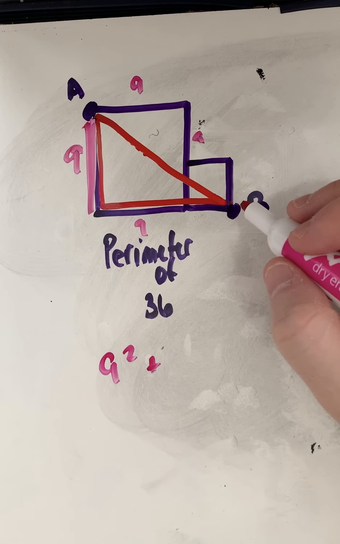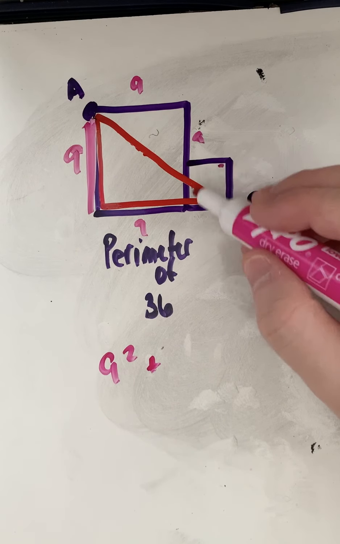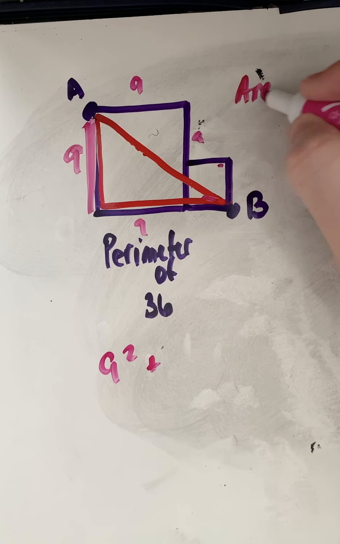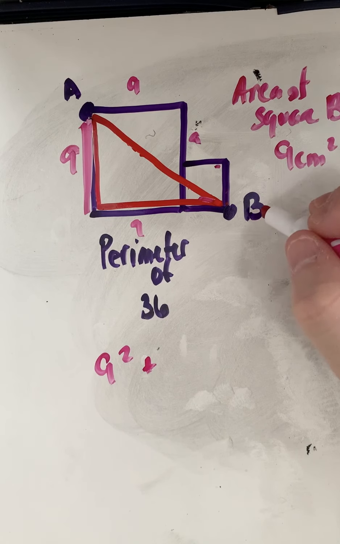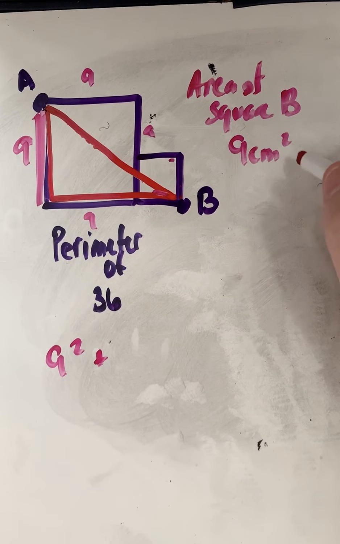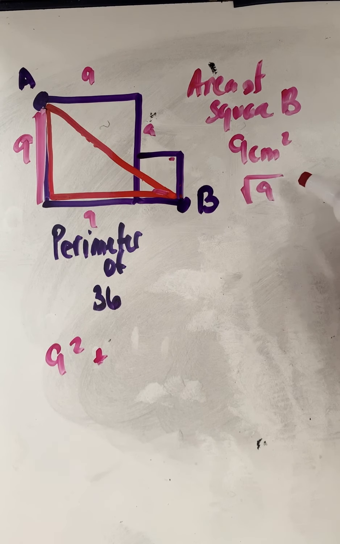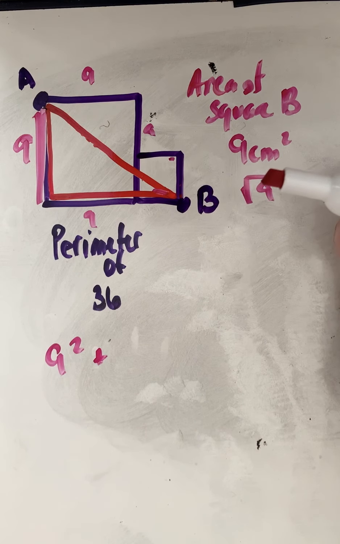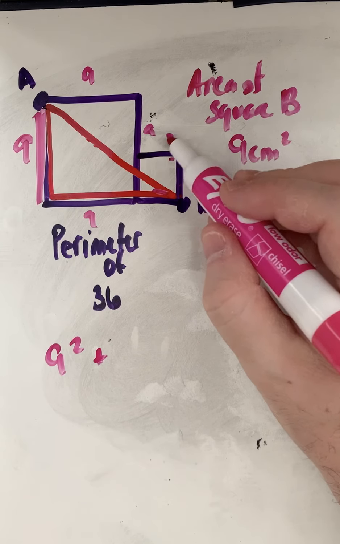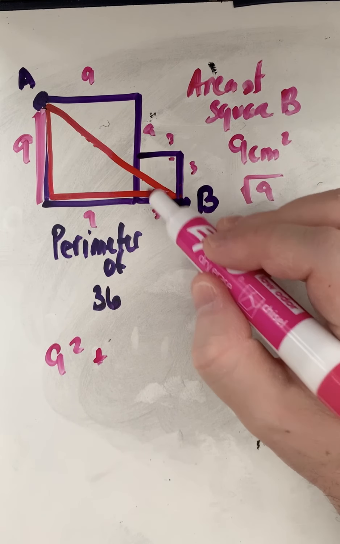It said that the area of the smaller square, square B, was 9 centimeters squared. Well, we learned this already. How do I find out what each side is? Well, I square root it, right? Because to find the area of a square, you do side squared. So the square root of 9 is 3, 3, 3, and 3.